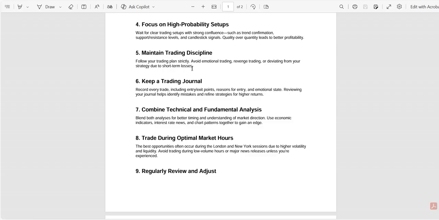What this means is, as a trader, you should have a trading plan which contains the following points. It should contain the risk procedures.